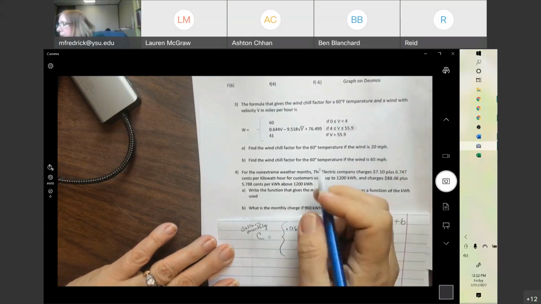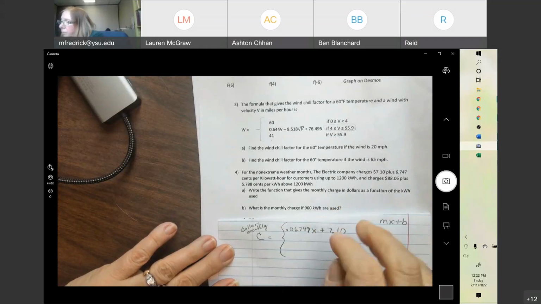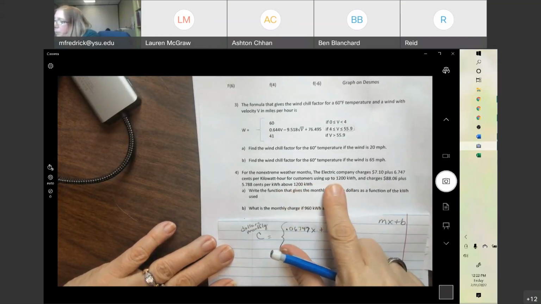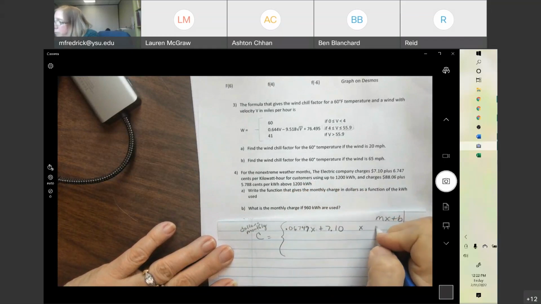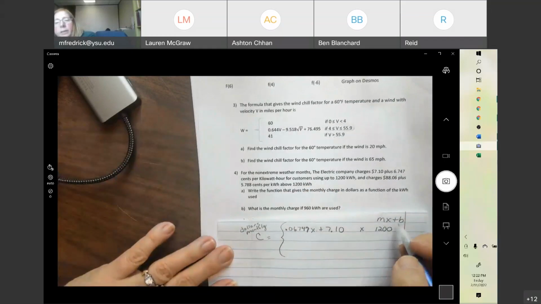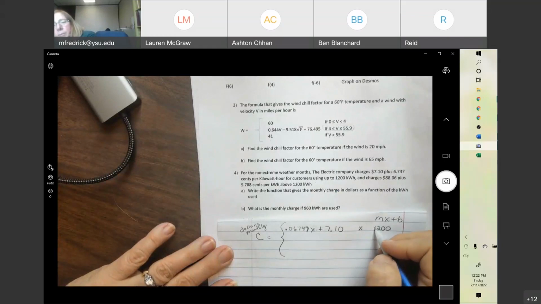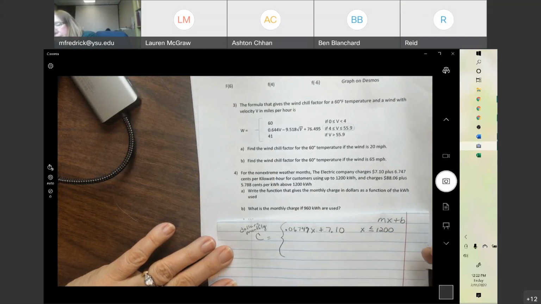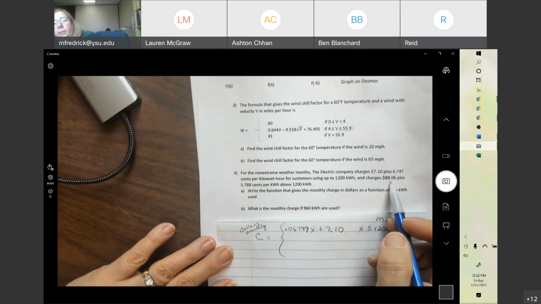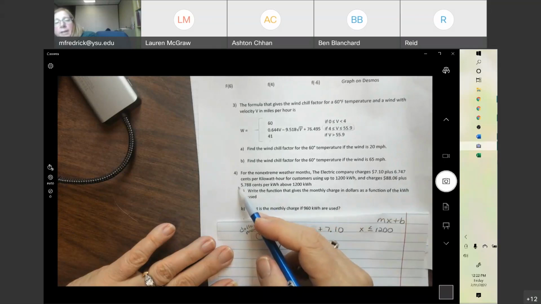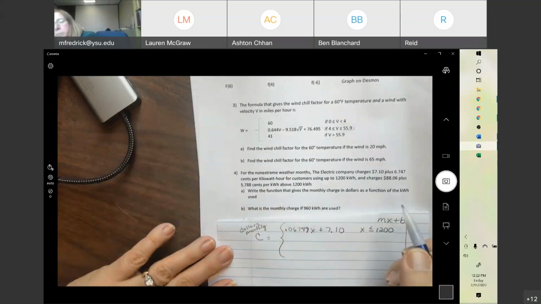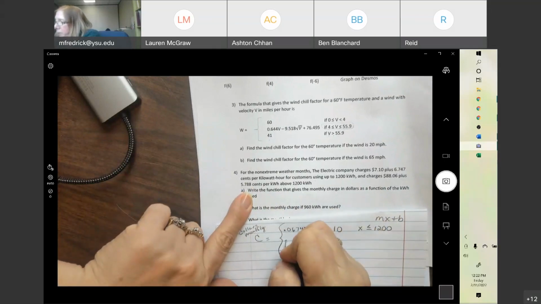Now you want to do the same thing with the other one. Now this was up to 1200 kilowatt hours. So if it's going up to 1200 kilowatt hours, it would be less than or equal to it. It wouldn't be past it. It's going to stop at 1200. The second one charges $88.06, but then you're only paying 5.788 cents per kilowatt hour. So we'll make this into dollars.